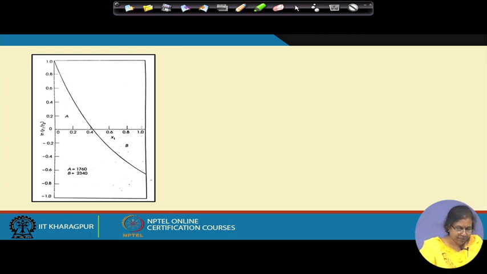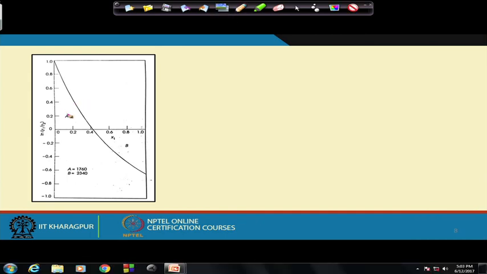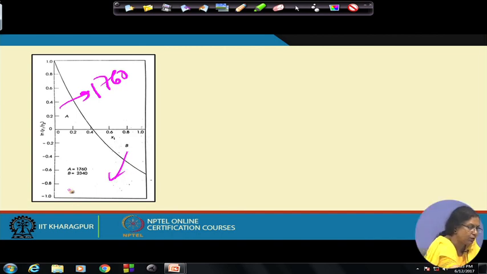versus x1, right. And we find that in this case the area above the x axis, this particular portion, corresponds to 1760, whereas this part of the area corresponds to 2340 as is written.